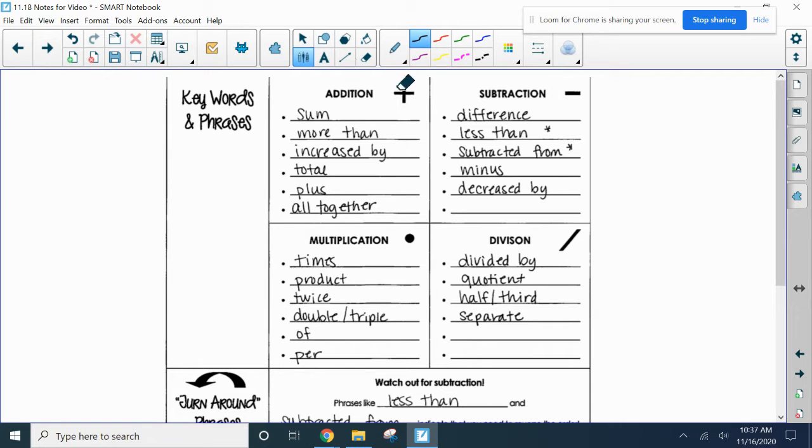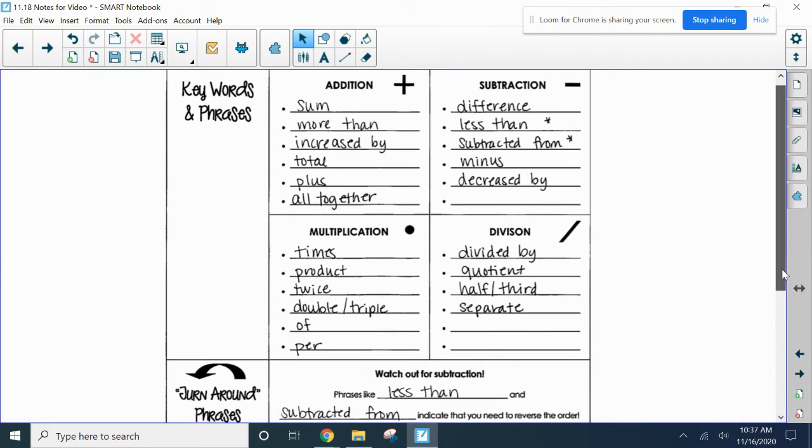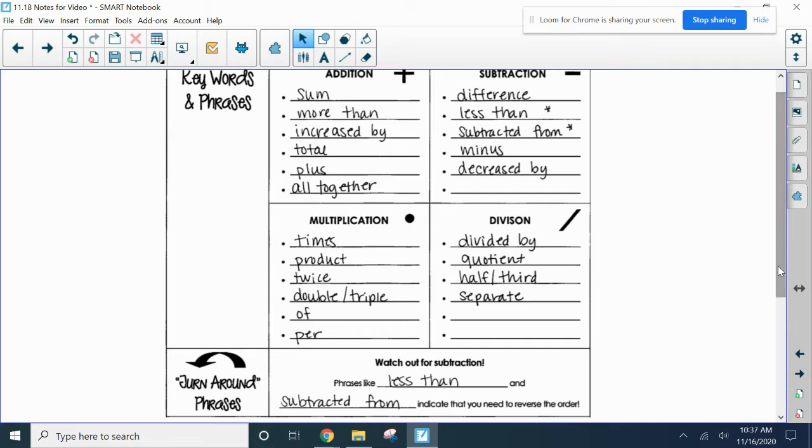All right, so some keywords and phrases that help tell us what operation we're talking about. So we have addition. So the sum is the answer in addition. So if I see sum, I know that we're going to be adding some stuff. More than is going to mean that we are having however many more than something else.